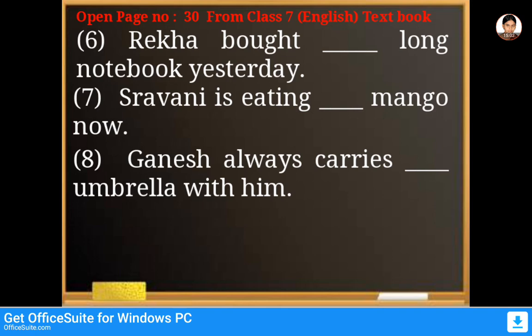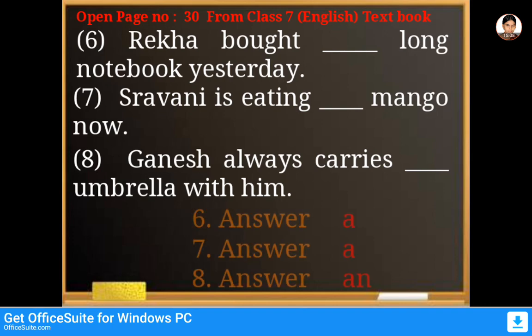Children remember, U is a vowel sound. Before a vowel sound, "an" is used. The answer is an umbrella. Rekha bought a long notebook. Shravani is eating a mango now. It refers to the general purpose.